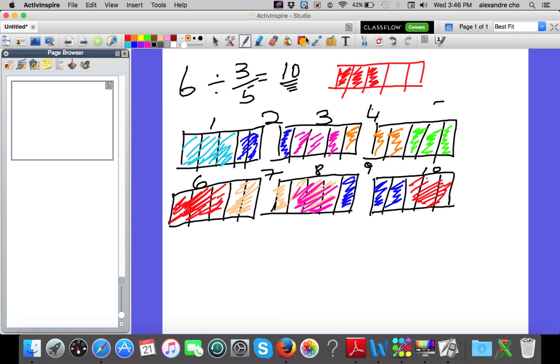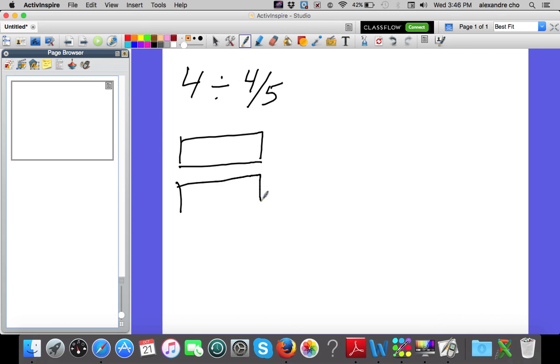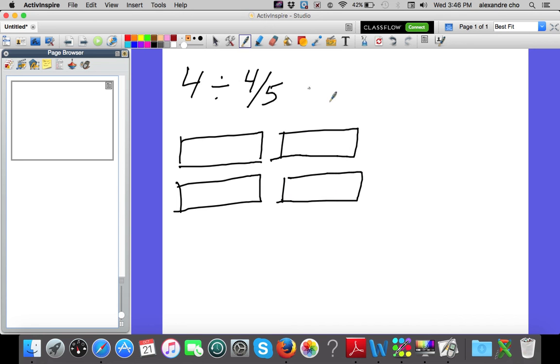Okay, I'll do one more. Clear annotations on the left side is 4 divided by 4/5. And again, I'll do squares, rectangles, sorry. And 4, and another 4 over here, so that you have 4 whole chocolate bars. And this time, let's draw what we want to see.